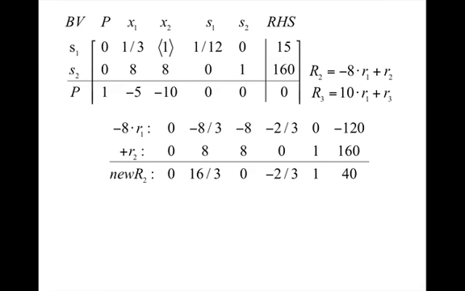When I add row 2, I'm going to end up getting my new row 2. 0 plus 0 is 0. -8/3 plus 8 is 16/3. -8 plus 8 is the 0 that I wanted. -2/3 plus 0 is -2/3. 0 plus 1 is 1. And -120 plus 160 is 40.